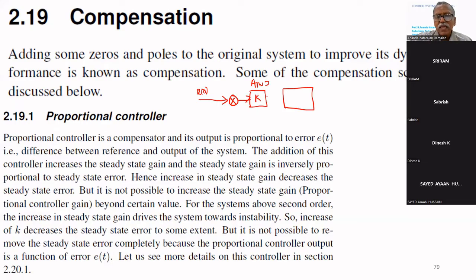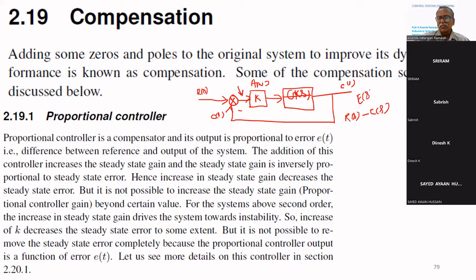An amplifier whose gain is K in series with the original system, 1 upon G of S. This is called proportional compensation or proportional error compensation. Why is it called that? What is feedback C of S? What is error? Error at this point is R of S minus C of S. That is error E of S.